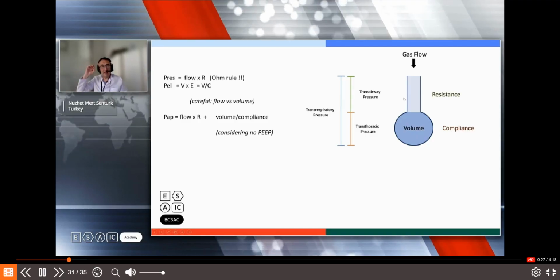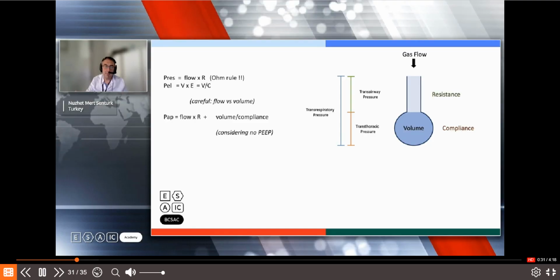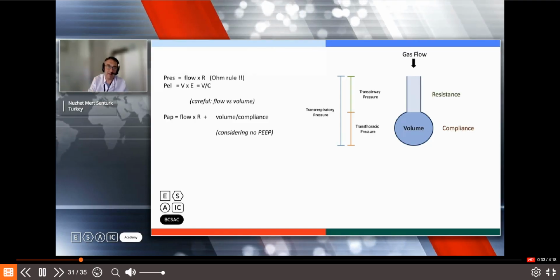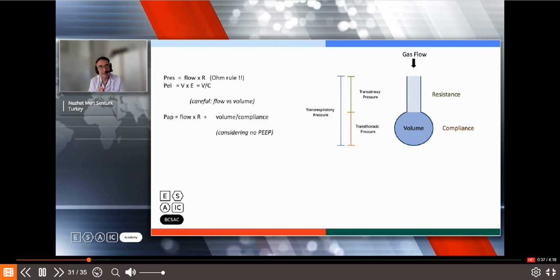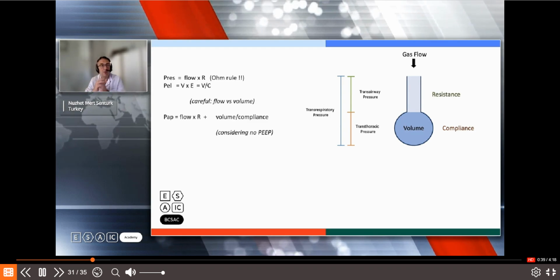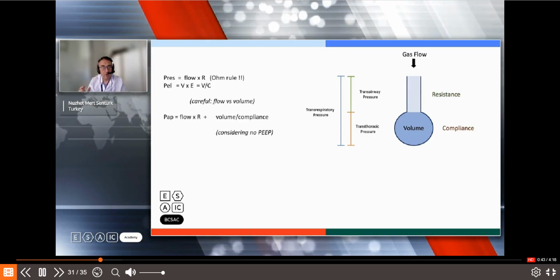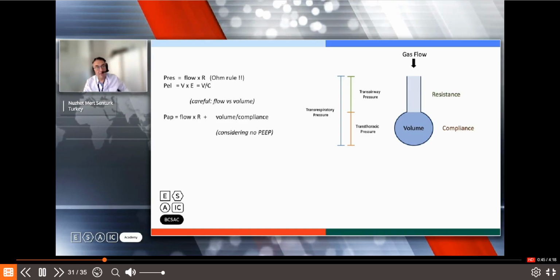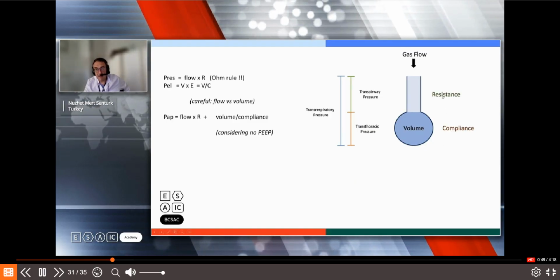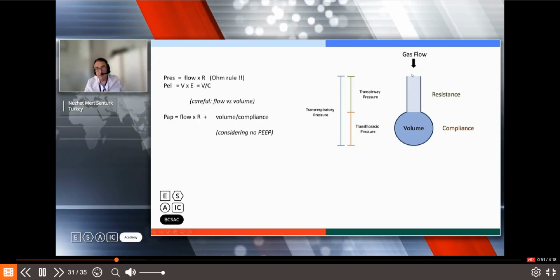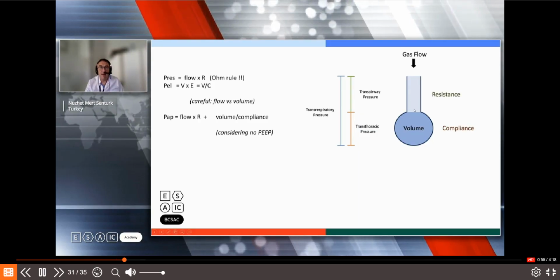This is actually the same equation that you can remember from high school in electricity, the Ohm rule, in which the resistance is equal to the pressure gradient divided by flow. Here we have the gas flow, and the pressure gradient is what we create within the airway.